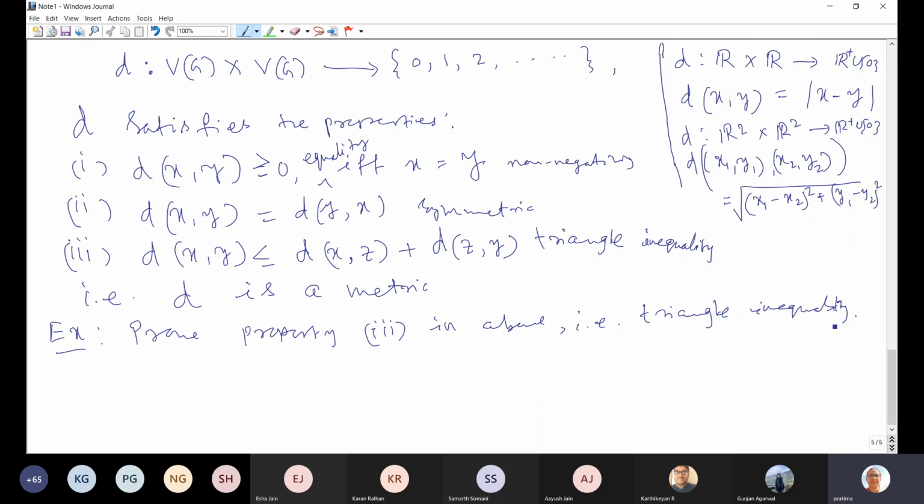So this distance between two vertices in a graph we have defined. Let us see one example of a graph.